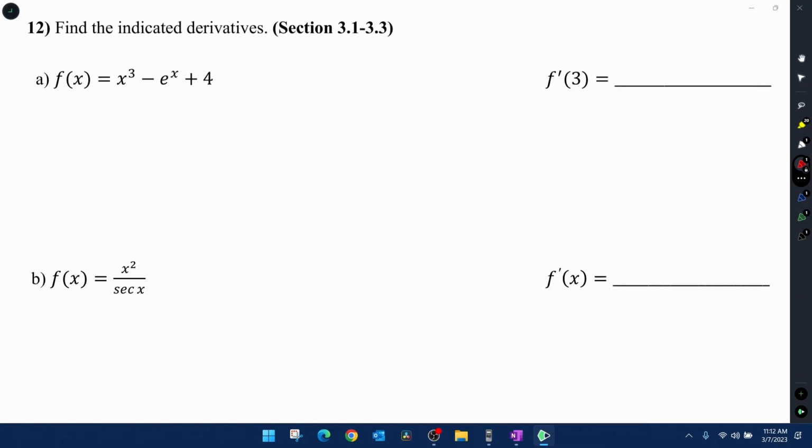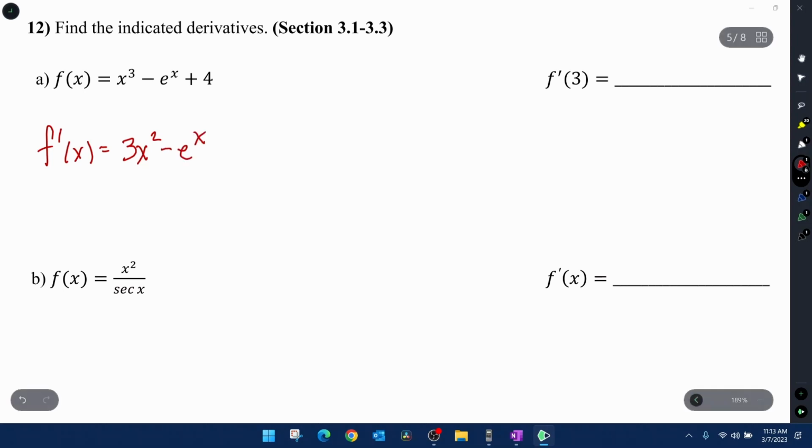Number 12, find the indicated derivatives. Notice that they do want us to find f prime of 3. So we're going to start by finding f prime of x and then evaluate f prime of x. What is the derivative of x to the third? And the derivative of e to the x? And the derivative of a constant.